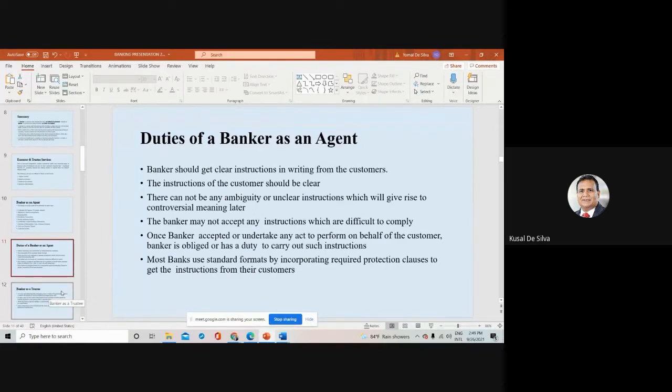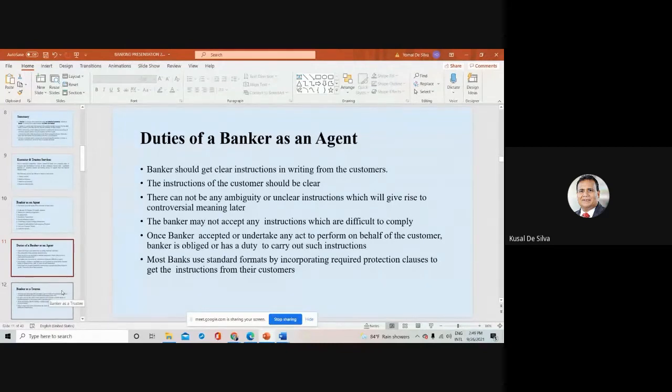If you go and want to get a credit card, you just sign it without even reading, because you want only the credit card, but you don't know what you have agreed to or accepted by making the signature. So it is important to know that.